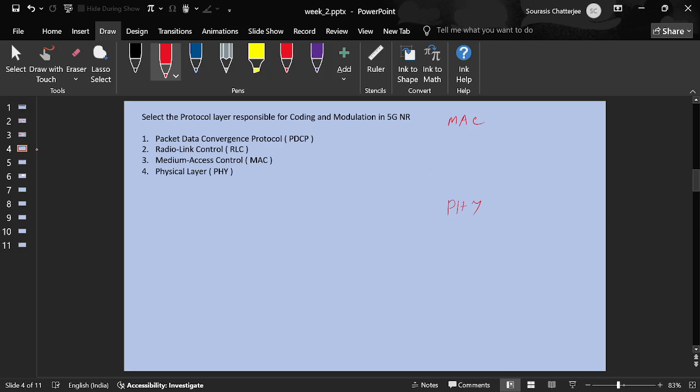When the MAC layer transmits something to the PHY layer for a particular user, let's say it's transmitting the data for a particular user, what is it called in the 5G standard words? Transport block. So when a user's data is being transmitted from MAC to PHY layer, we call it a transport block.